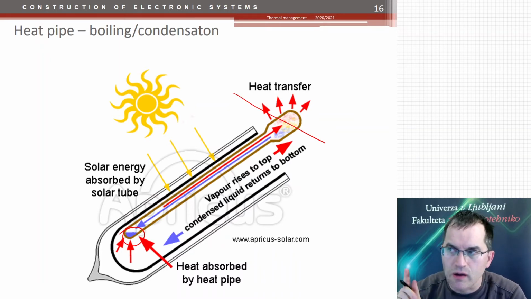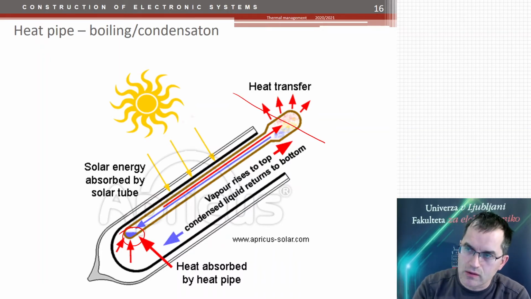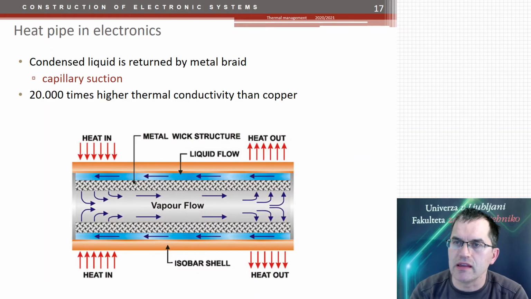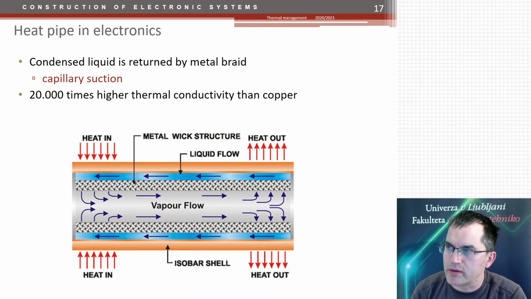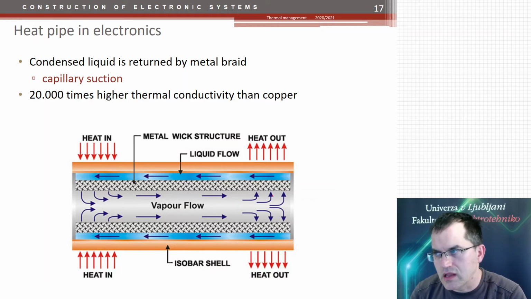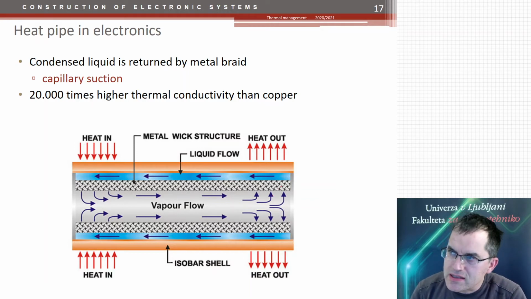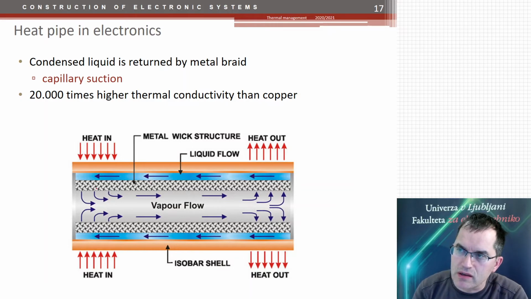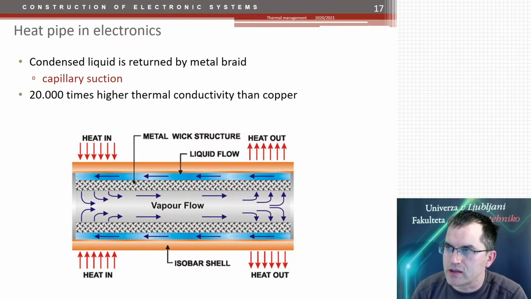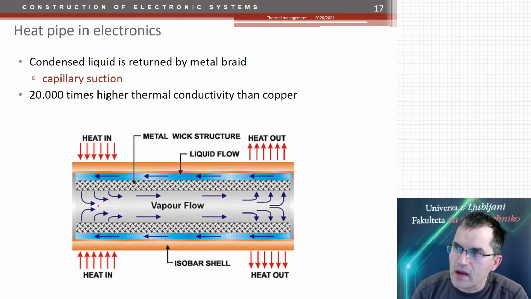To transfer the cooled liquid to the bottom side. And in heat pipes in electronics, this is done by this metal braid, because the metal braid has a capillary suction principle, where the liquid condenses here. It is sucked back to the hot side by capillary suction of this metal braid, and by that the flow is assured.